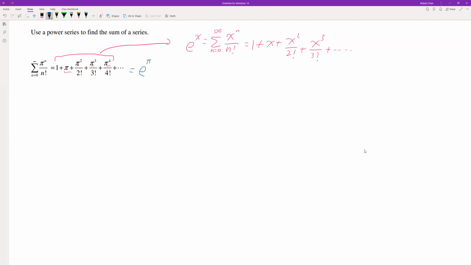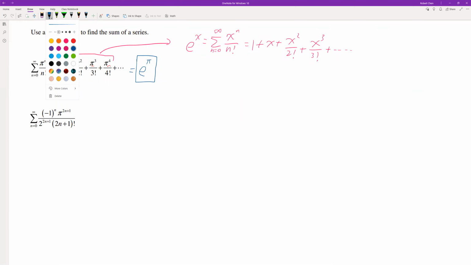So that's one technique that we can use, using the power series to find the sum of a specific series. Let's look at a couple more examples. All right, so this is the second one. Now, unlike the first one, it's not that obvious what this looks like, but we do see the 2n plus 1, the 2n plus 1 factorial, and then the (-1) to the n.